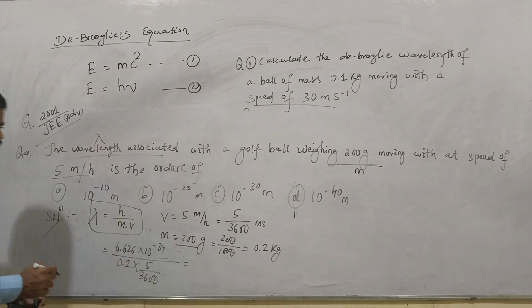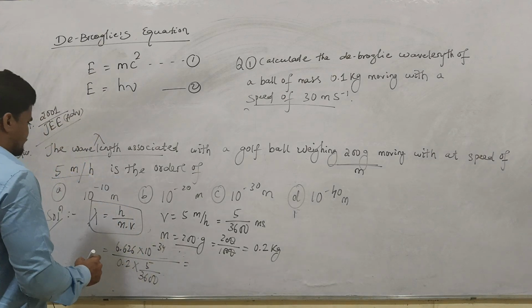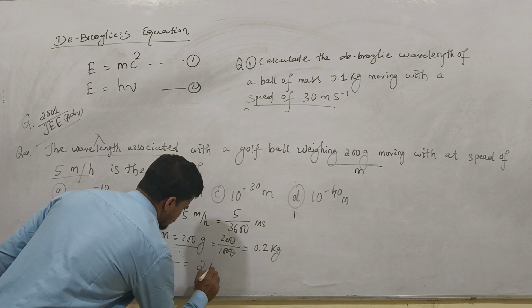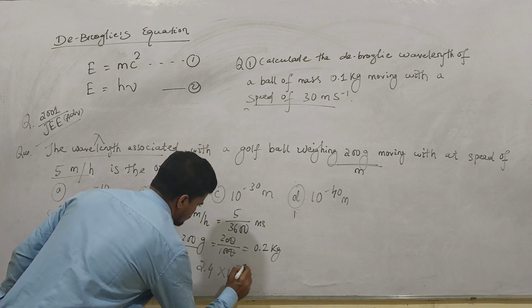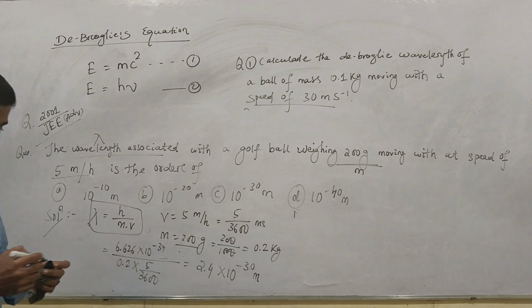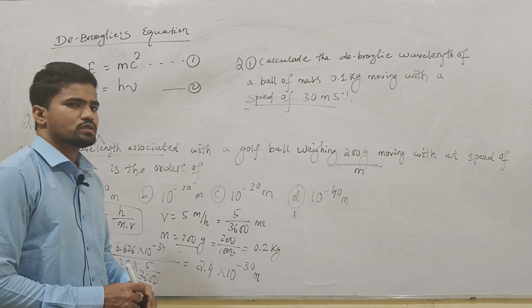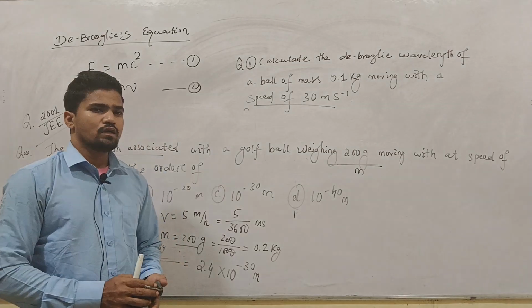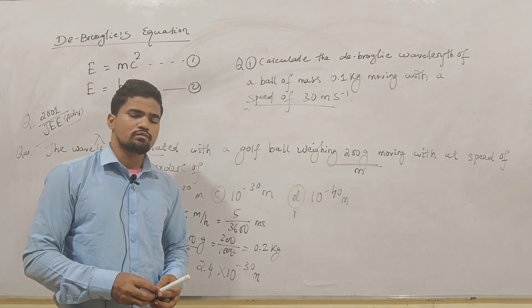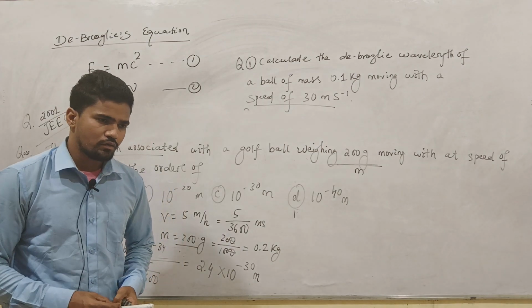It comes out to be 2.4 into 10 to the power minus 30 meter. So this is the final answer. You have to check yourself, and I will provide more questions in the description. We will continue to discuss like this. Thank you very much.